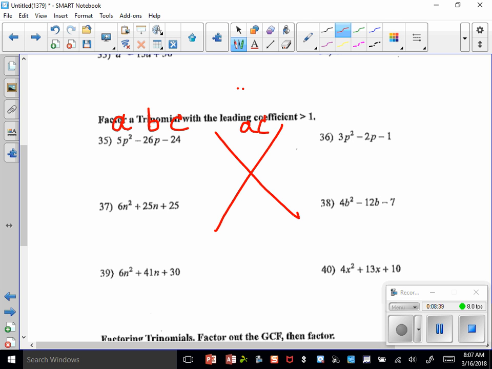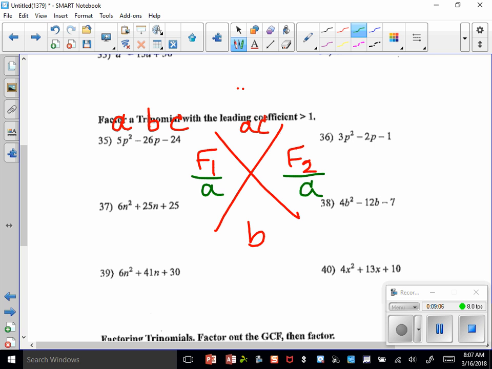The B term will go here at the bottom. Okay, your factors that you get, they will go on the side. So I'm just going to call them F1 and F2. So those are your factors. Then you take those factors and you divide it by the A term. So that's what the X looks like. Okay, that's what it actually looks like, where all your numbers are going to go.